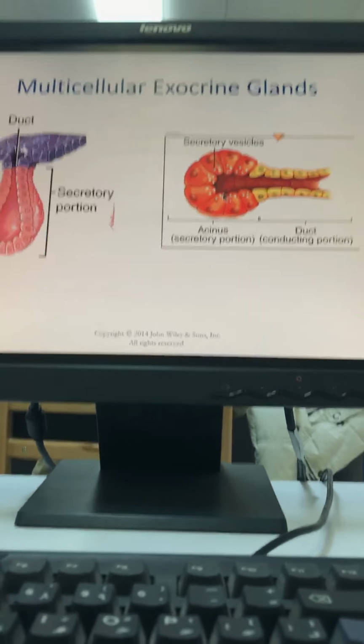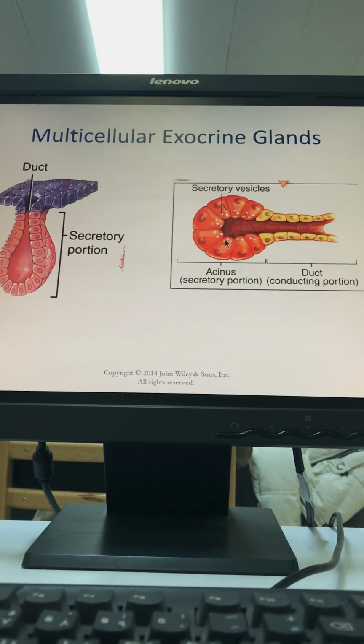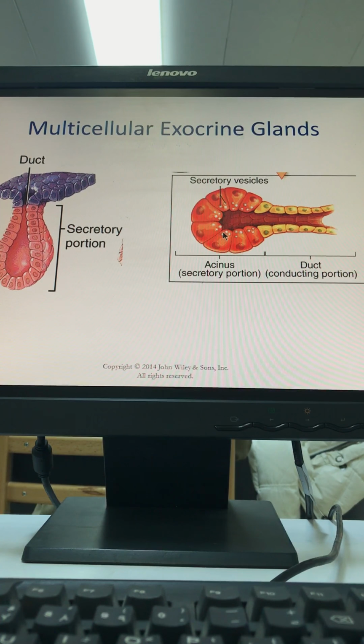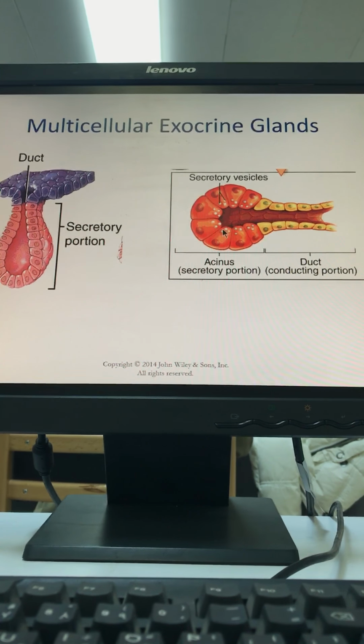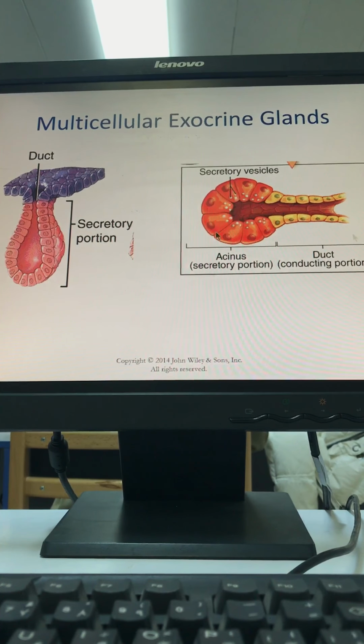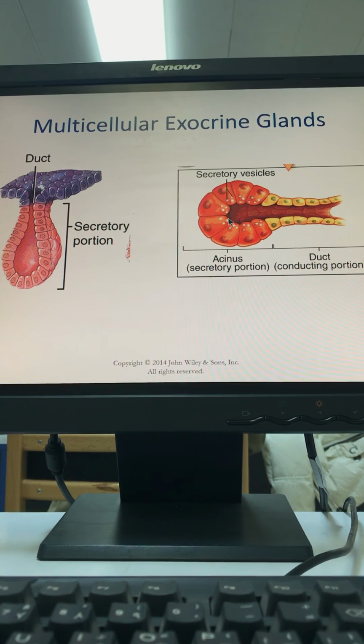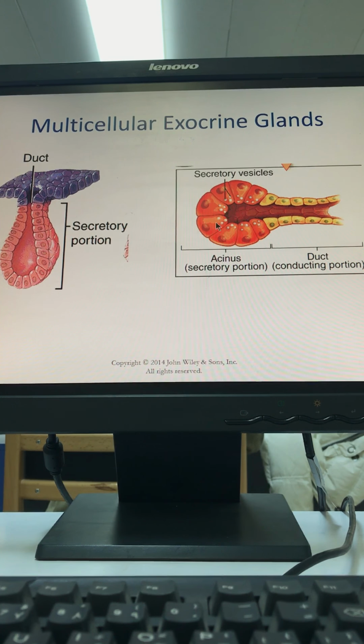Which cells usually have more machinery? The glandular cells. We will have more synthesizing organelles, so we expect the height of the cell to be greater in the secretory portion of these glands.